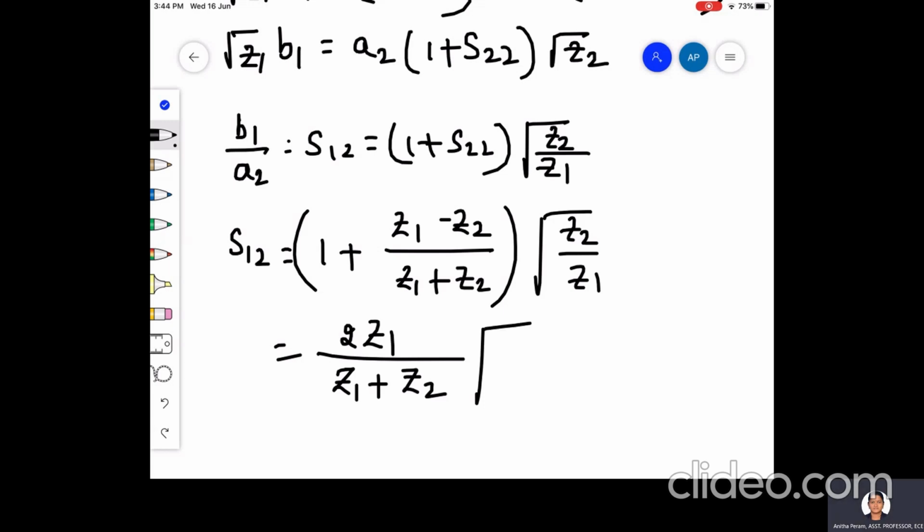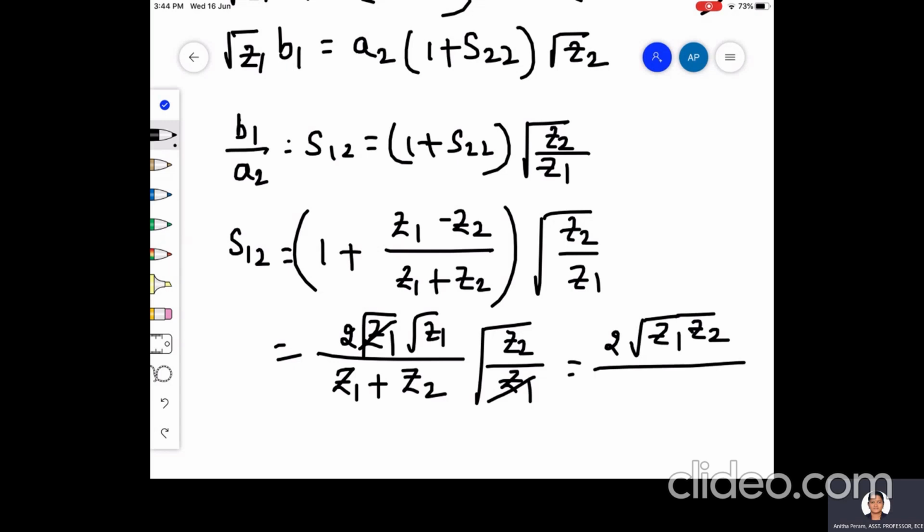So now Z1 will get cancelled, and you'll be left with 2 into square root of Z1 into Z2 divided by Z1 plus Z2. So all the parameters we have determined.